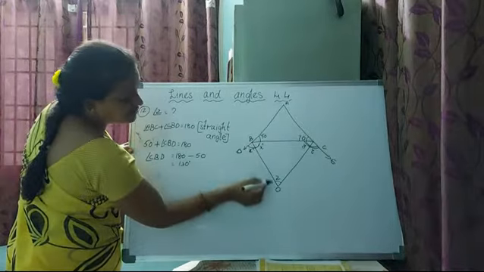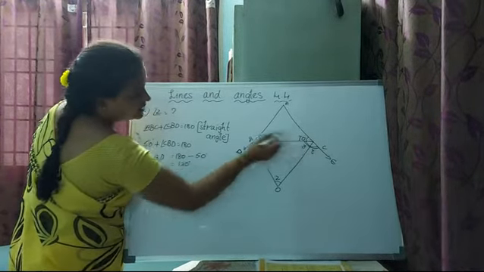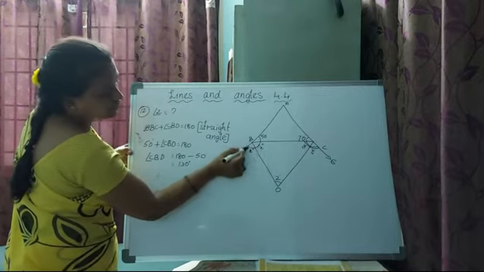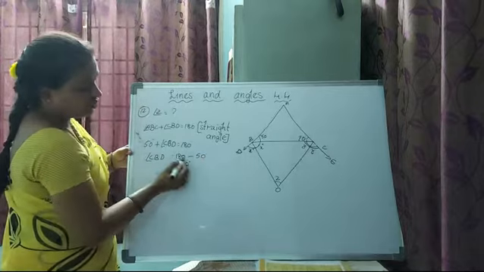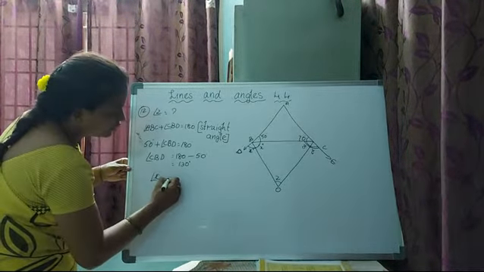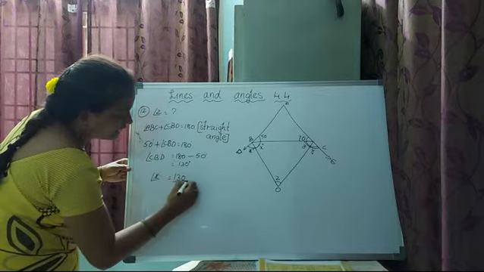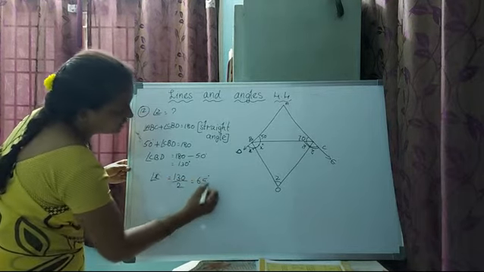See, this is a bisector. BO is a bisector of angle CBD. That means this angle is equally divided. 130 is equally divided. So angle X is equal to 130 by 2, that is 65 degrees.